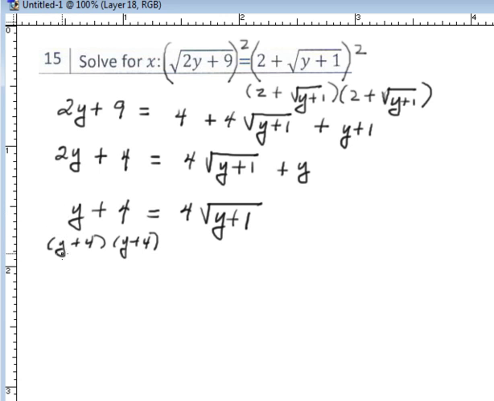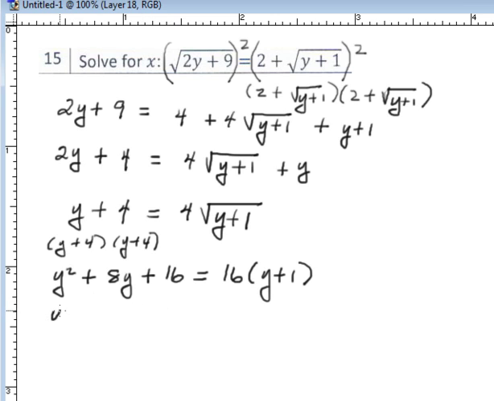So here we're going to get y squared plus middle term 4y plus 4y, 8y, plus 4 times 4, 16. Right-hand side, here we have a 16 when we square, and we square this square root, the square root sign pops off, and we get 16 times y plus 1.